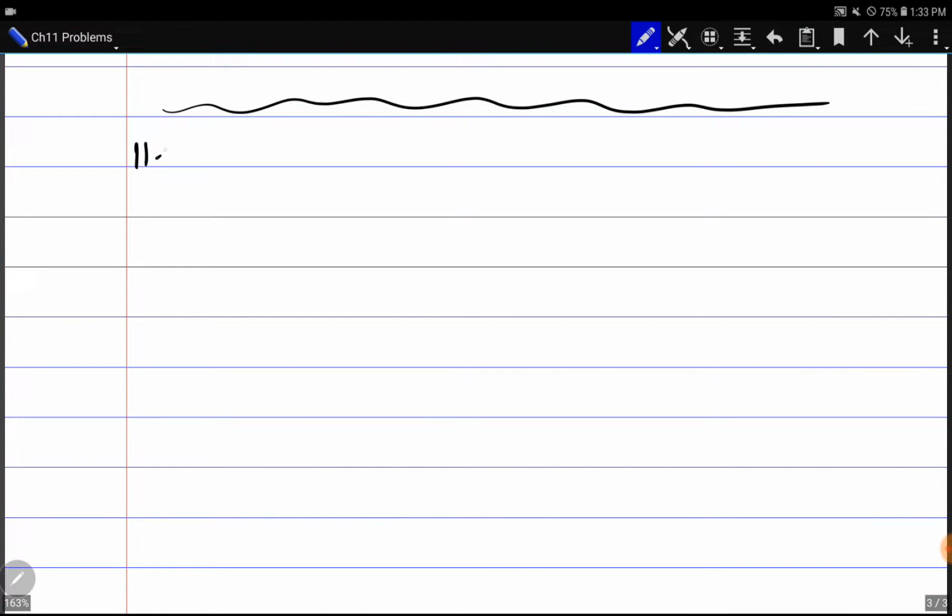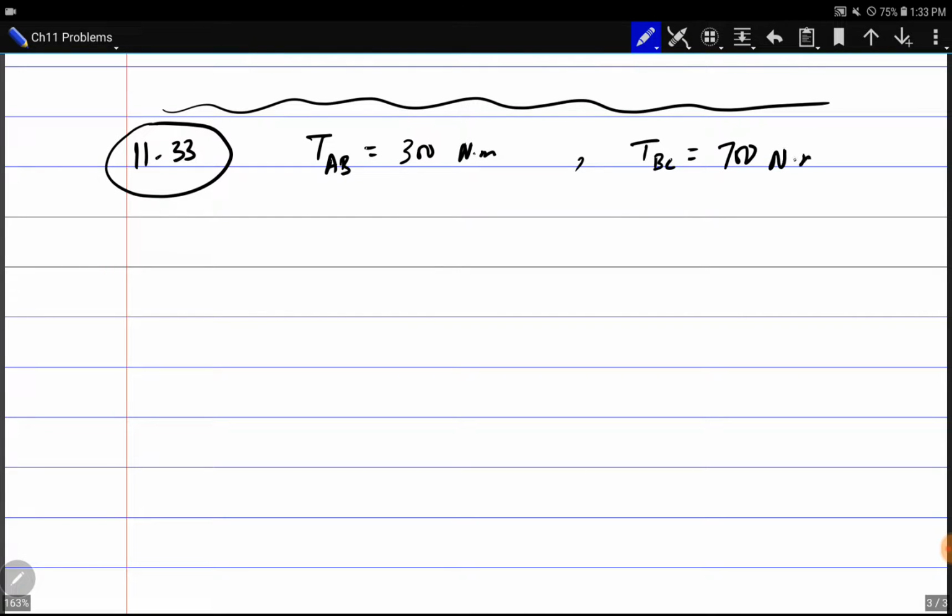Problem number 1133. Torque AB is 300 Newton meter. Torque BC is 700 Newton meter. I have done it earlier.